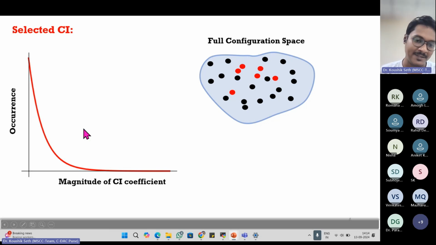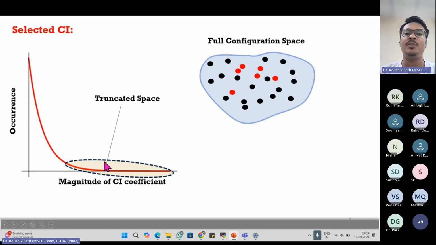The good thing for us is that if we somehow measure the importance of each configuration, we get this kind of graph. The x-axis is the magnitude of the CI coefficient, the y-axis is occurrence. The higher the magnitude of the CI coefficient, the more important the configuration. In the higher-magnitude part of the graph, the configurations are lesser in number.